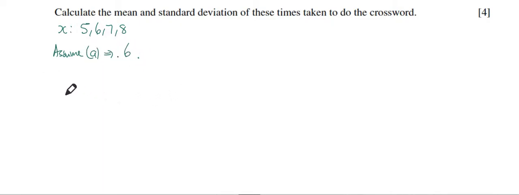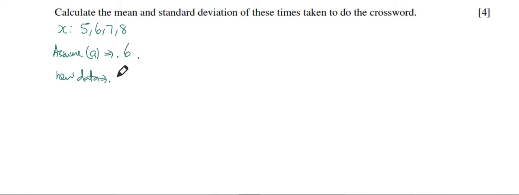Now if I want to find the new data, all I have to do is subtract the assumed value from the x data. For the new data, I'm going to subtract the assumed value, which is 6, from the original data.